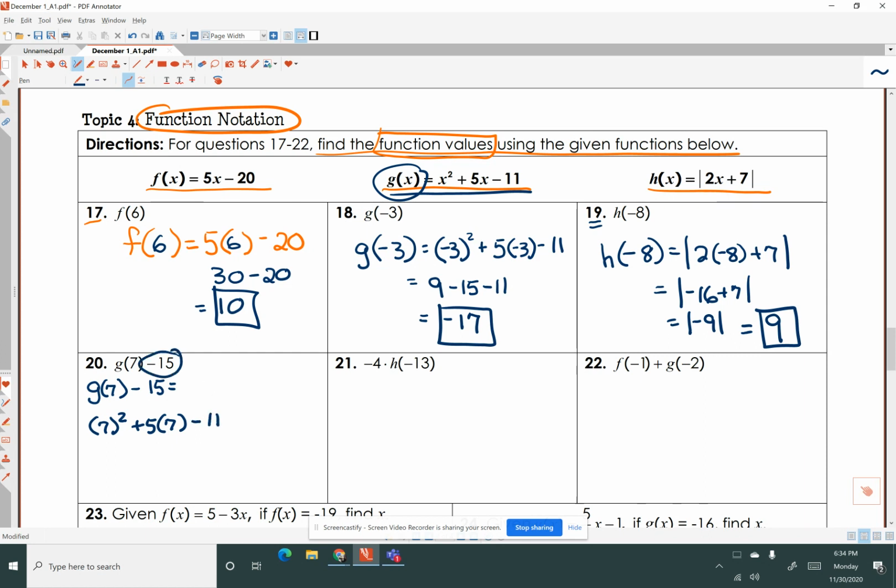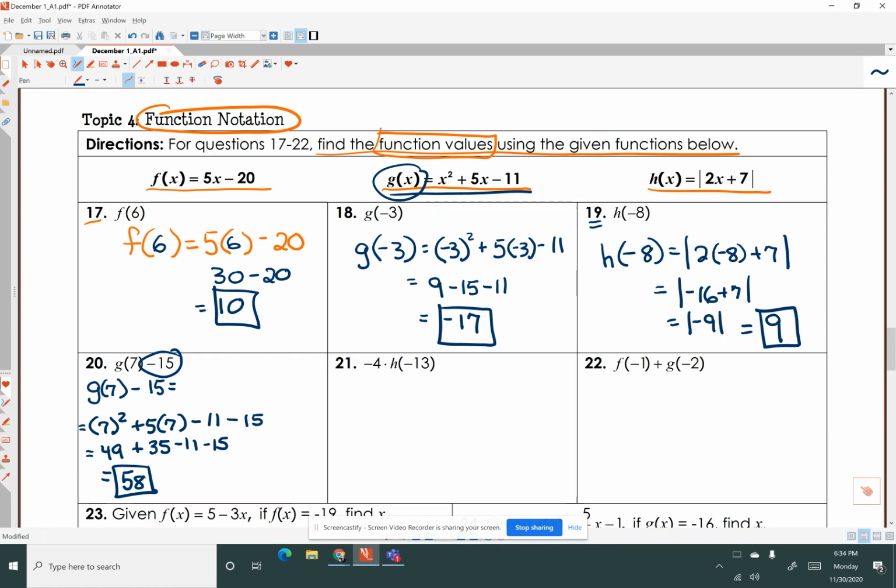And then we have this minus 15. And that would equal 7 times 7 is 49, plus 5 times 7 is 35, minus 11 minus 15, and 49 plus 35 minus 11 minus 15 equals 58.